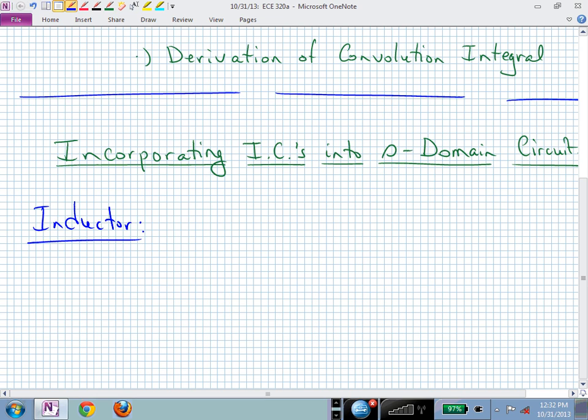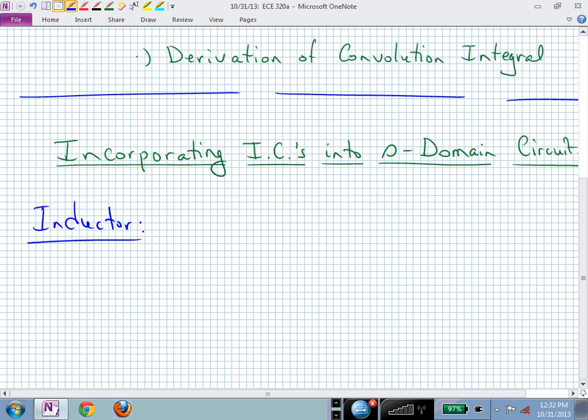Let's look at how we can generalize that and actually have the opportunity to incorporate initial conditions either in series with the impedance element or in parallel with the impedance element. And that will give us more flexibility when we're thinking about analyzing our circuits.